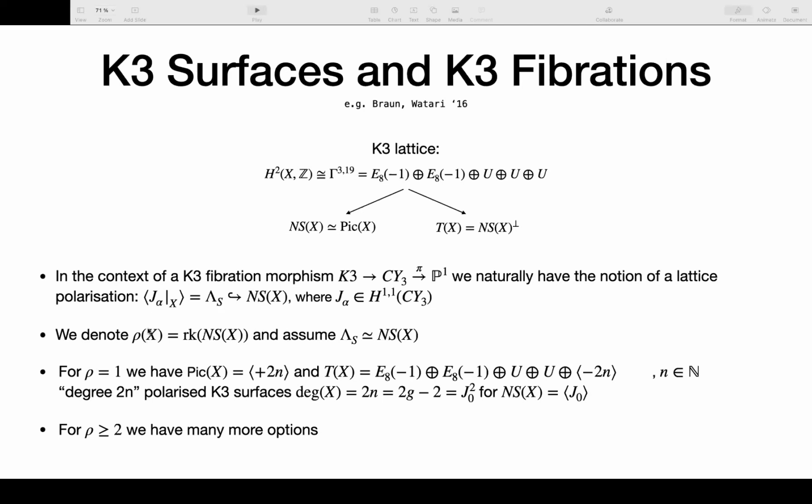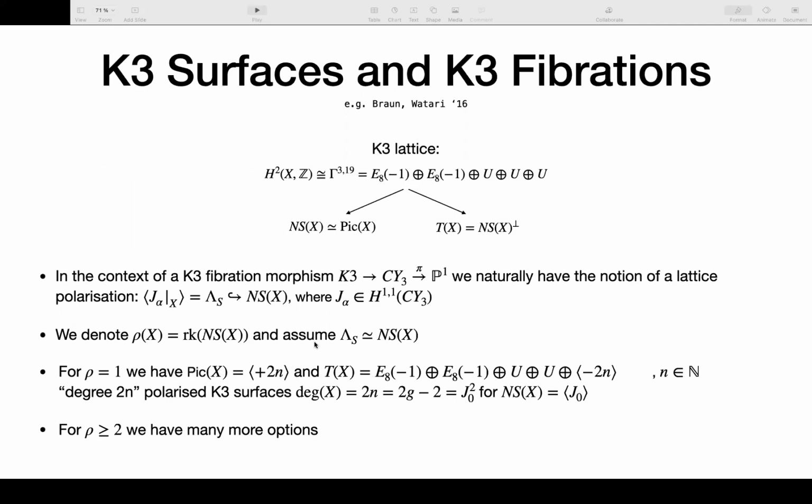And the rho of X, I will denote the rank of it. For rho equals to 1, which is the minimal case, or the next minimal case, if you go away from the projective case, for rho equals to 1, we have a Picard lattice, which is one-dimensional and is basically constrained to be generated by a single vector, which squares to 2n, where n is some integer.